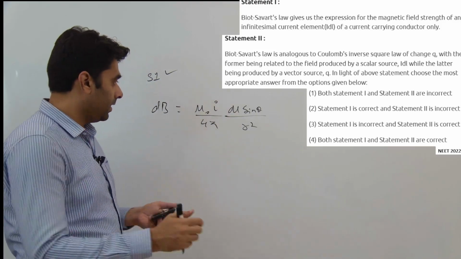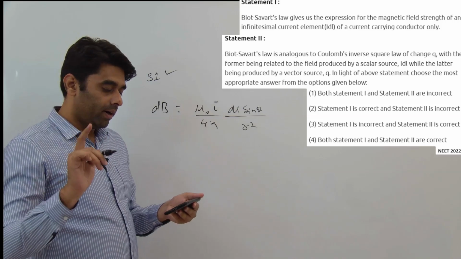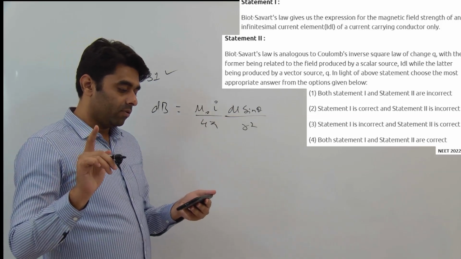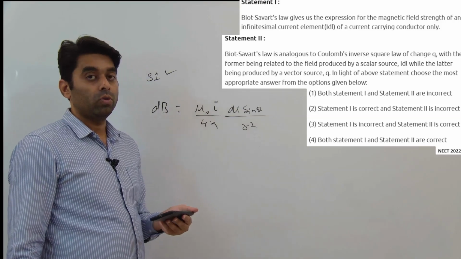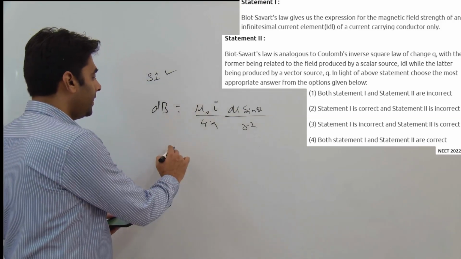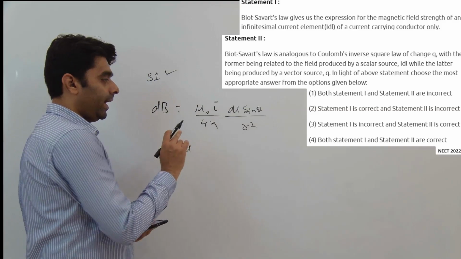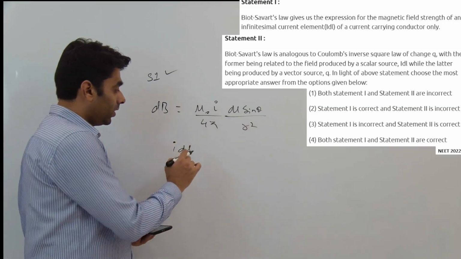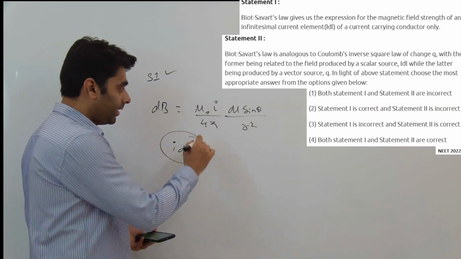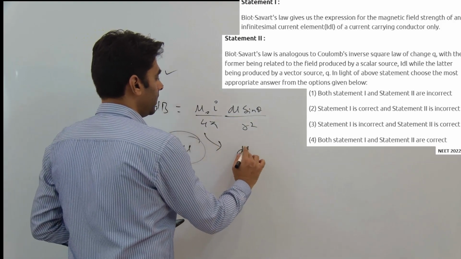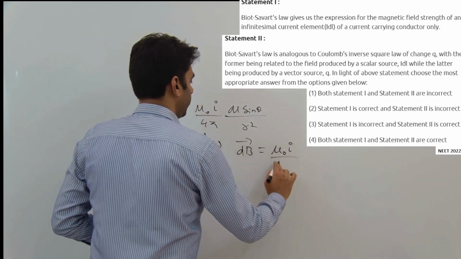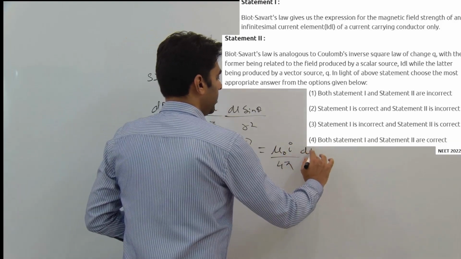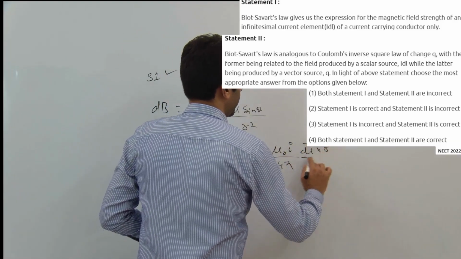Both are inverse square in the sense, but it says the former is related to the field produced by a scalar source I dl. Now the current carrying element over here is not a scalar quantity. If I have to write the vector form of this, it is given like this: mu naught I by 4 pi dl cross r by r cube.